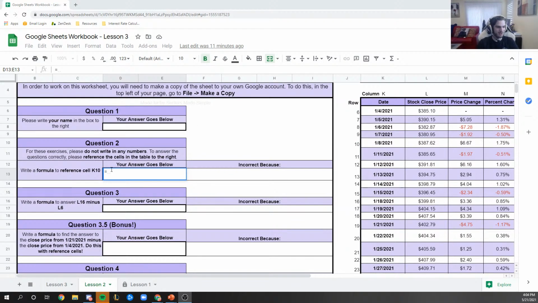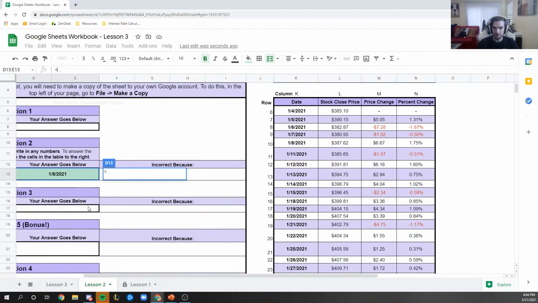Ta-da! Here's the spreadsheet. So question number 2 is asking, write a formula to reference K10. So the word here, reference, just means I want that one or that one. So to reference cell K10, we can do one of two things. We can type in K10, which will give us the correct answer, or the better way to do it is we go to the table on the right and you find K10 and you click there.